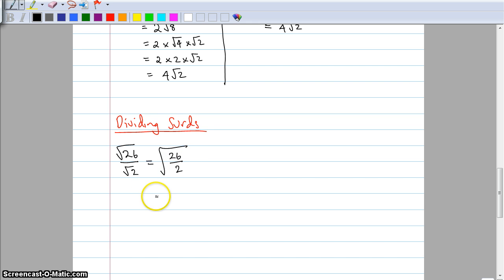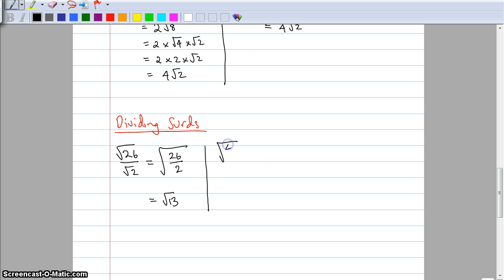And we all know that 26 divided by 2 is 13, so it's the square root of 13. If you like, there's another step in there. It could be the square root of 13 over 1, which I guess is the square root of 13 over the square root of 1, but I'm just going to write it as the square root of 13. Let me give you another example that sometimes is a little bit more helpful.